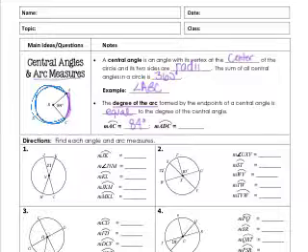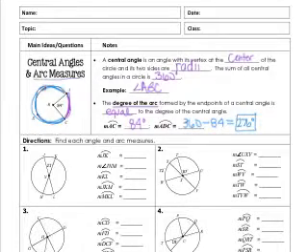If the whole circle, all the way around from point A, is 360 degrees, and I know that the purple part, or that minor arc, is 84 degrees, then I can find the measure of the major arc by taking 360 degrees, the whole circle, and subtracting out the part that is the minor arc. So 360 minus 84 is 276 degrees. So the major arc is 276 degrees, the minor arc is 84 degrees.